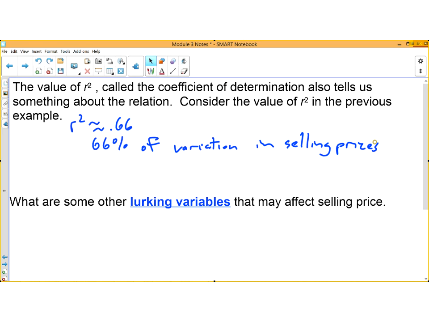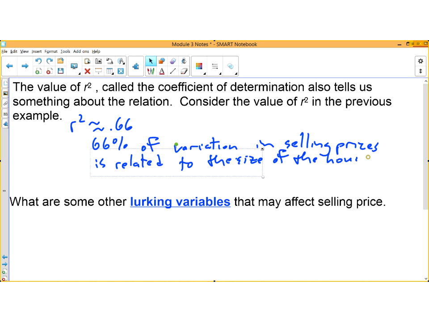Okay, so I'll pause there for a moment. The selling prices are all over the place. There's a lot of variation. They aren't the same. So what causes that variation? Well, what we can say is that 66% of that variation is related to the size of the house.